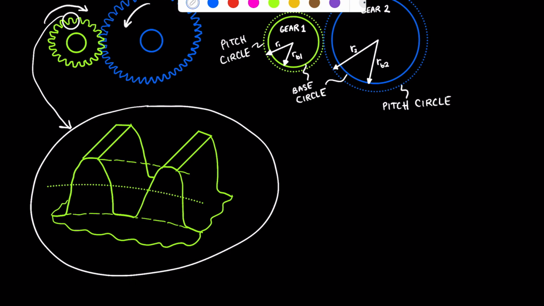Okay, and let's label a few things on here. This dotted line down at the base here, this is that base circle, which is also sometimes called the dedendum circle. This top line up here is a circle associated with the top of the teeth, and we call that the addendum circle.